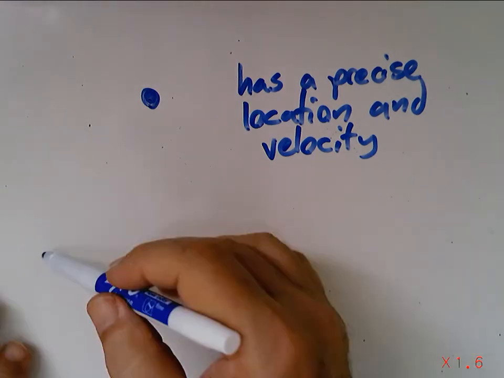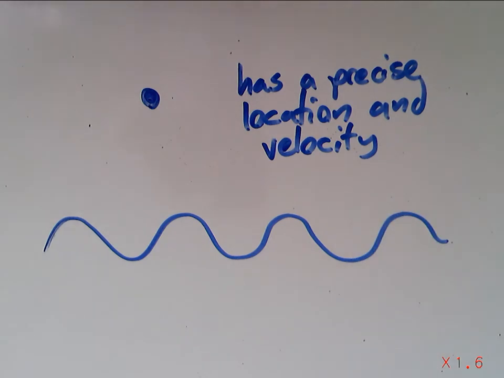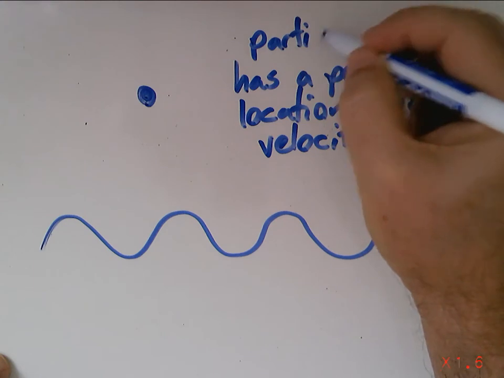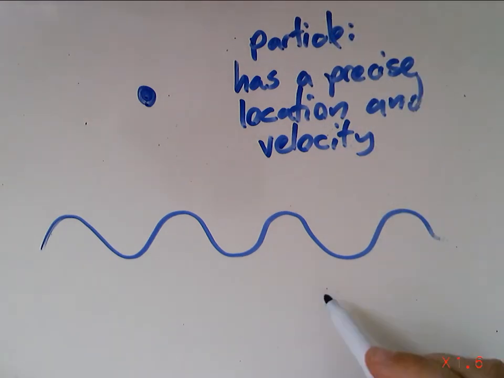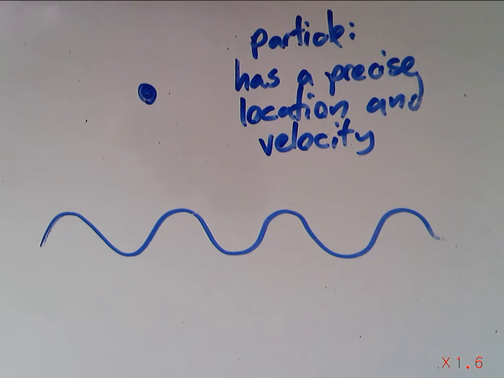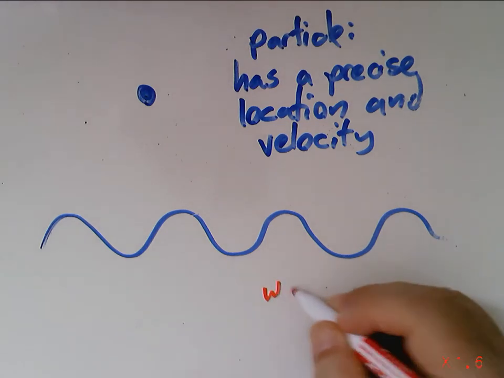Now with a wave, the wave may also have a velocity. You can measure the velocity as the speed that a peak is moving to the right here or to the left, whichever way it's moving. So a wave also has a speed.